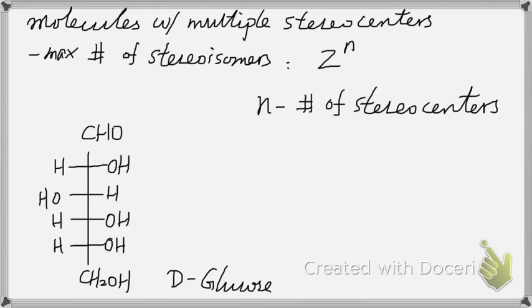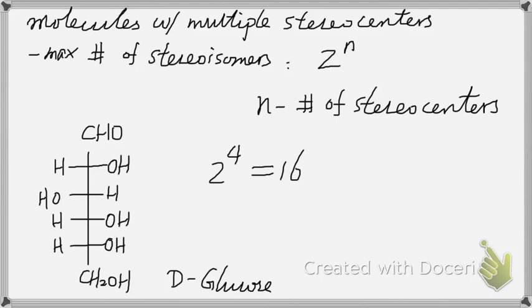Now, if we use the formula to calculate the number of stereoisomers, we have 2 to the power of 4, which equals 16. So there are 16 stereoisomers of D-glucose.